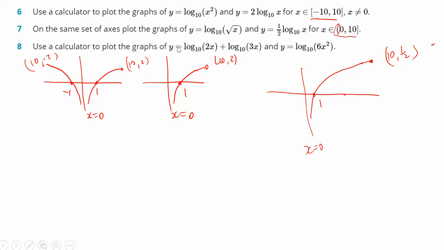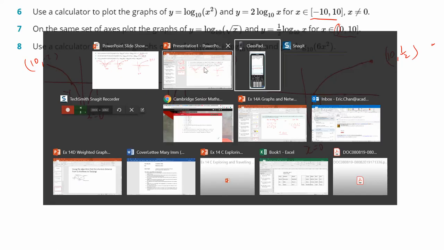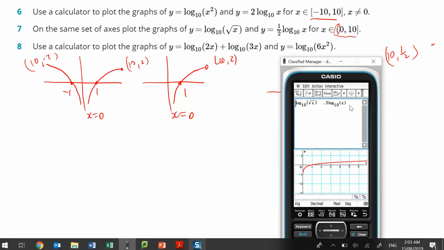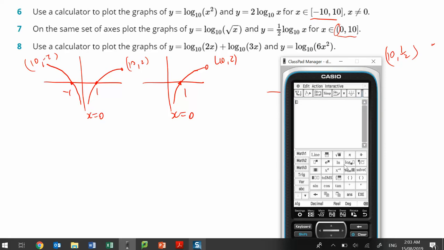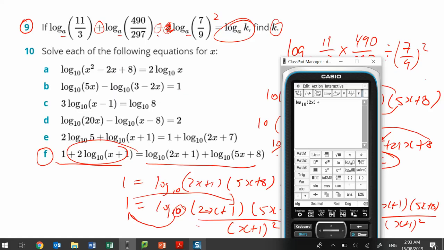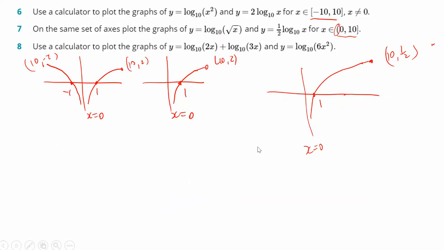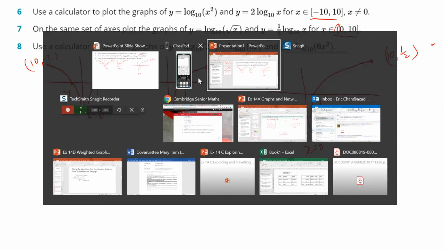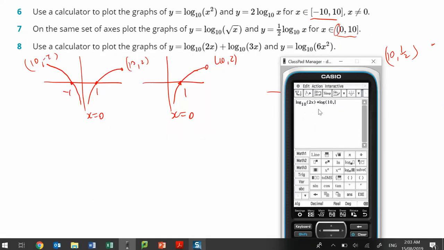On the main screen, you have to literally type in the equation: log base 10 of 2x plus log base 10 of 3x.